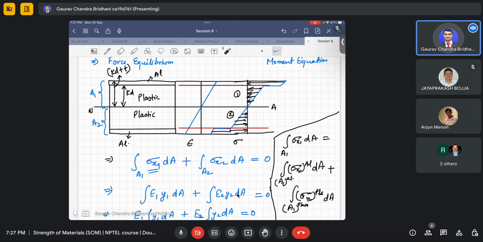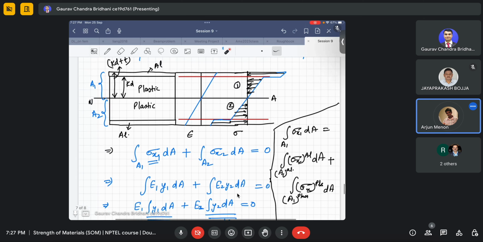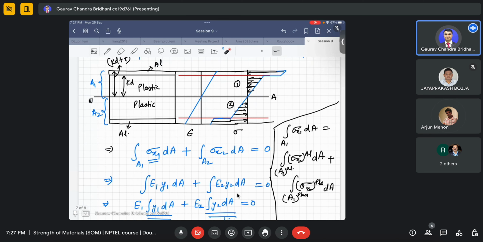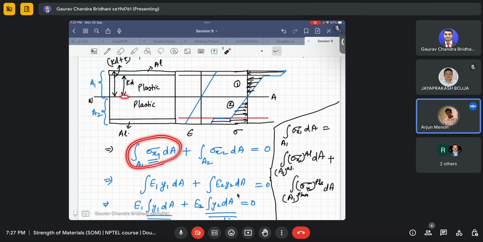Yeah, b into dy. And for plastic, suppose first I write for plastic, your limits of integration will vary from 0 to kd, only for this part I am talking about.